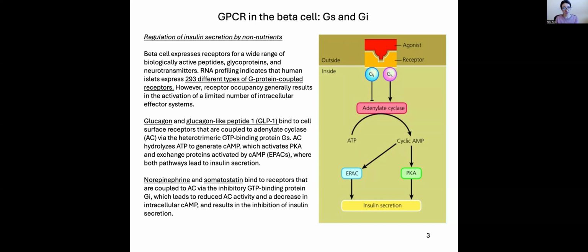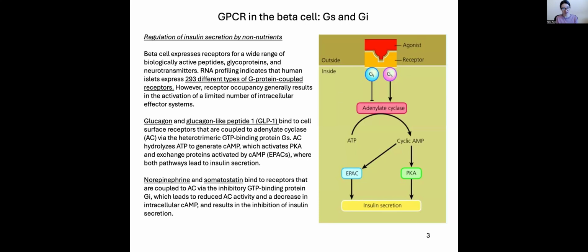So there's only a limited number of effector systems downstream from these 293 different GPCRs. So glucagon and GLP-1, which stands for glucagon-like peptide 1, bind to the cell surface receptor that is coupled to adenylate cyclase, AC, through the heterotrimeric GTP binding protein, GS, or stimulatory G protein. So the adenylate cyclase hydrolyzes ATP to generate cyclic AMP.